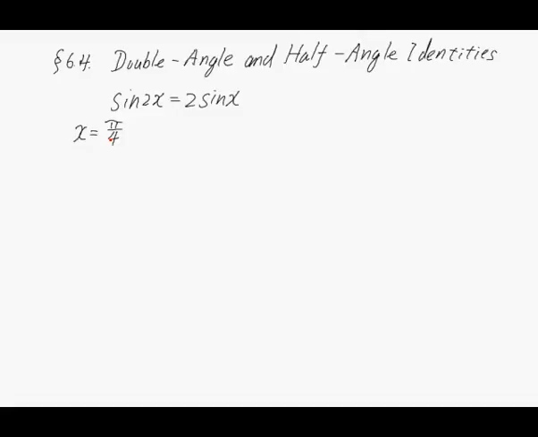Then the left side, sine of 2x, is equal to sine of 2 times pi over 4, which is sine of half pi, which is equal to 1.